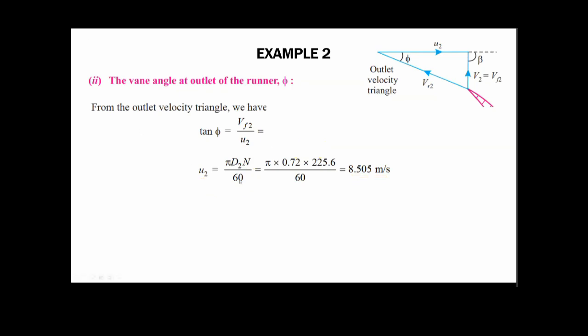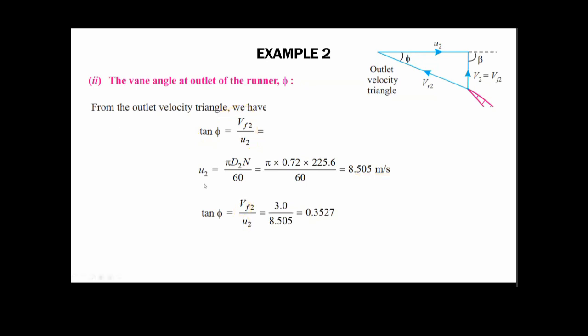Next, we can calculate phi using the triangle relationship here, the trigonometry here. We have VF2 equal to 3 and U2 equal to 8.505, and we get tangent phi equal to 0.3527.